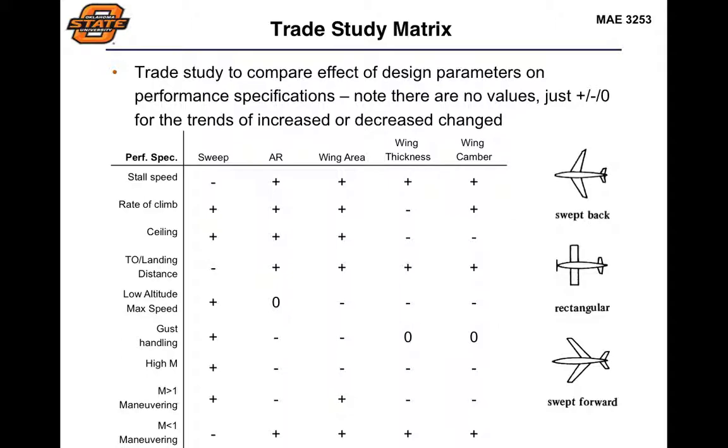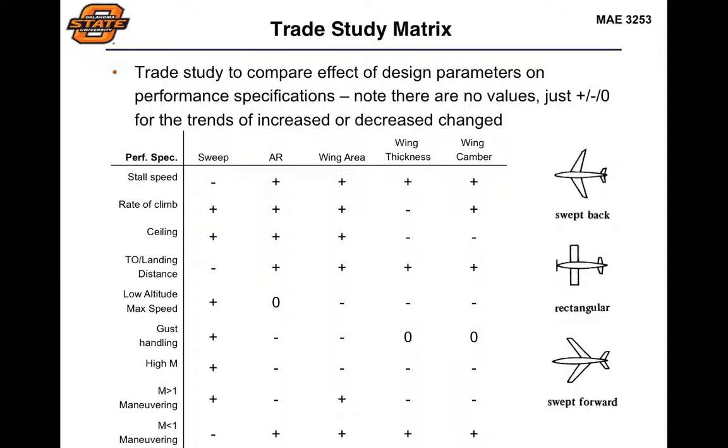Here's another example. This is looking at the wing in particular, so rather than looking at, say, a specific type of concept or planform, now what we're saying is, well, we want to design our wing. We'll look at our wing planform. So what are the different design parameters that go into our wing? For example, we have sweep, aspect ratio, wing area, wing thickness, and wing camber.